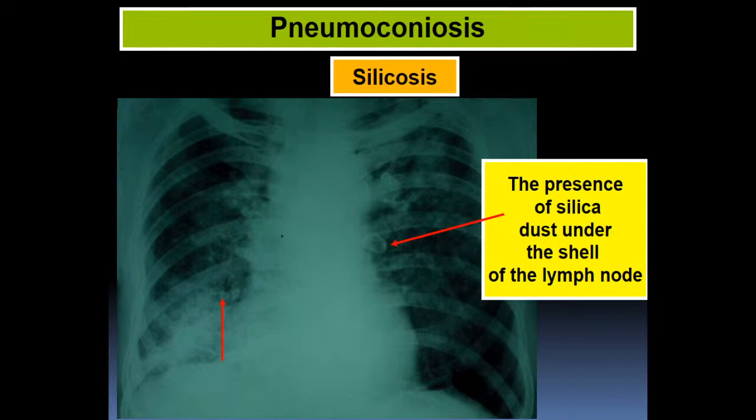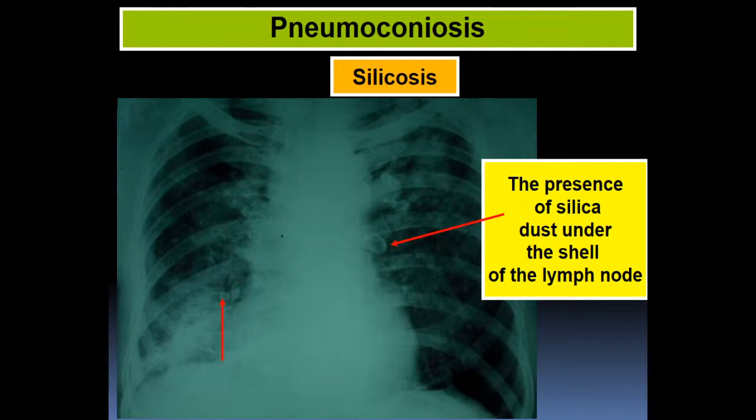And on X-ray, we can see the presence of silica dust under the shell of the lymph node, and many focal shadows in the lungs. But you can see shadows localized previously in the middle parts and lower parts of the lungs and near lung roots.